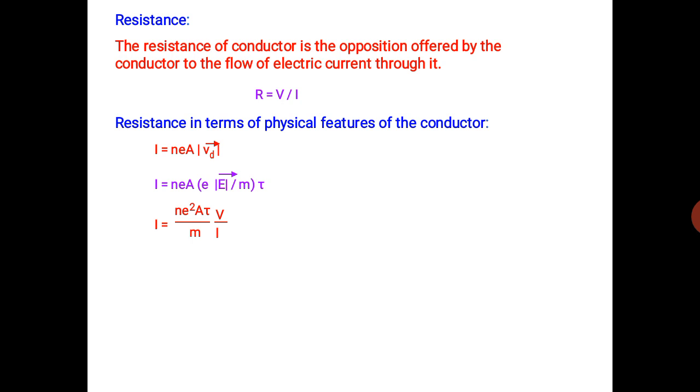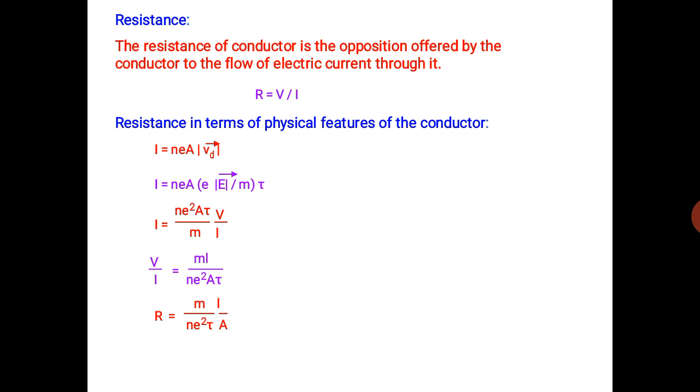So now we can write V by I equal to m into L divided by n e square A tau, and this V by I is resistance.